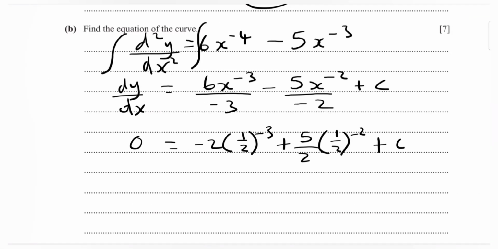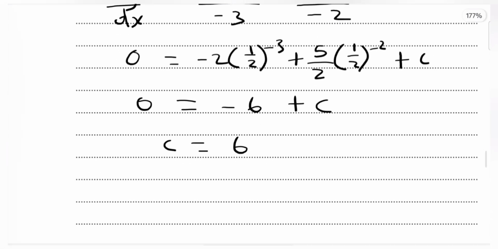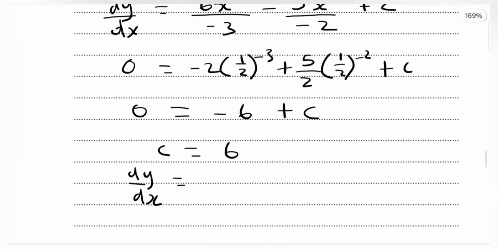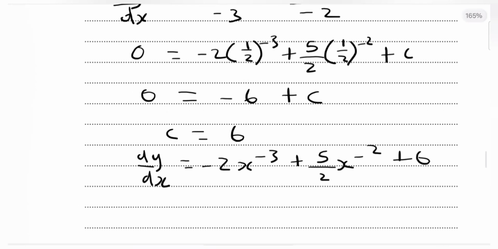0 is equal to minus 6 plus c, right? And our c will be 6. So dy dx will be minus 2x to the power minus 3 plus 5 over 2x to the power minus 2 plus 6, right?